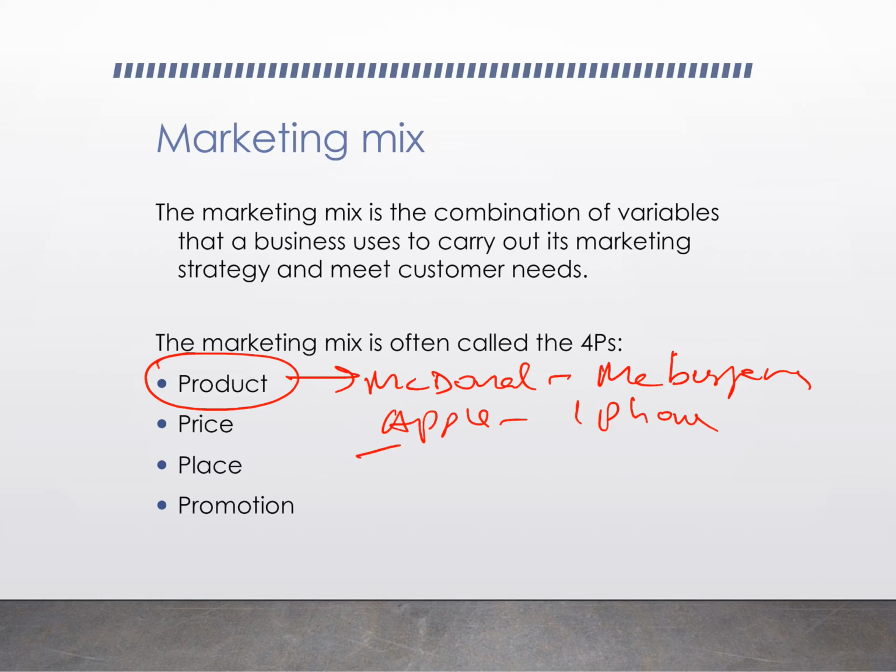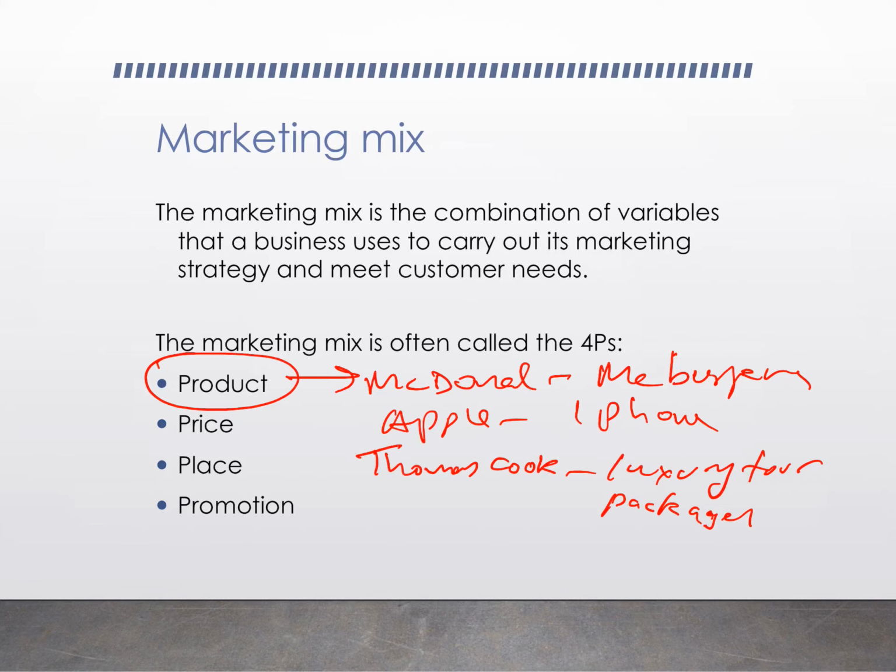What about Thomas Cook, a service company? They have different types of services such as luxury tour packages. So all these are considered as a product. So a company should have a product.